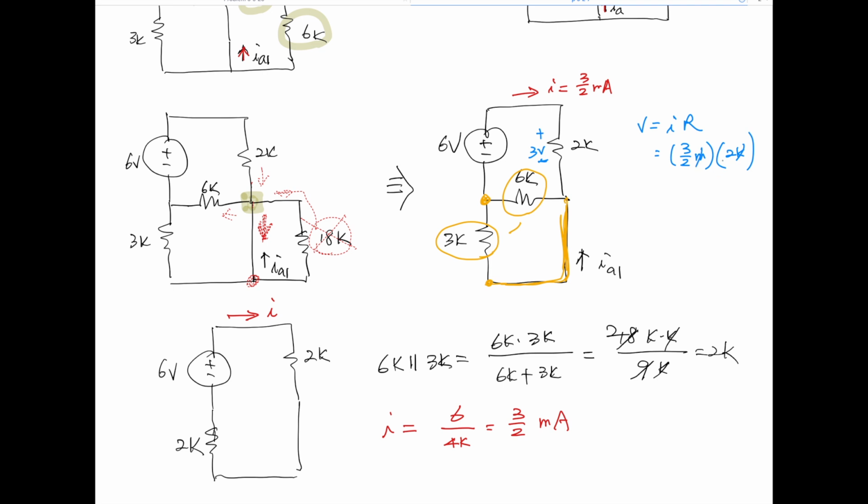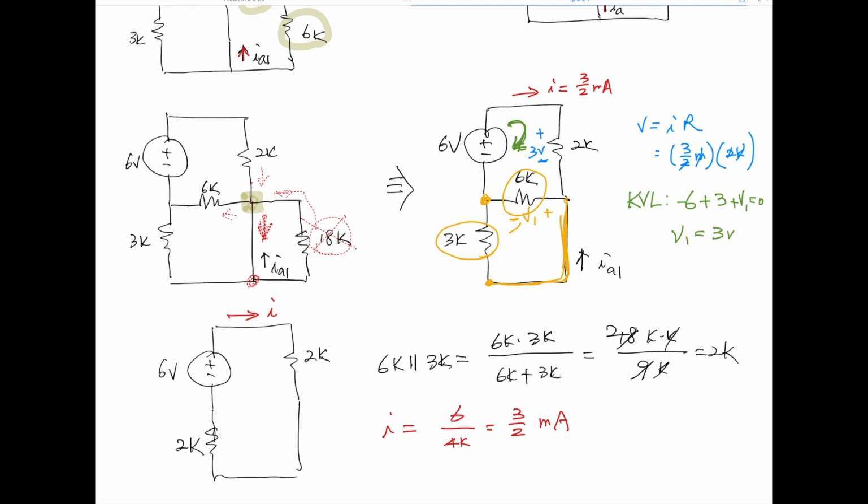The K and milli cancel, 2 and 2, so now we have 3 volts right there. If we do KVL in this top loop, entering the negative terminal of 6 volts, plus 3, and then we call this V1: negative 6 plus 3 plus V1 equals 0. Then V1 is also 3 volts.